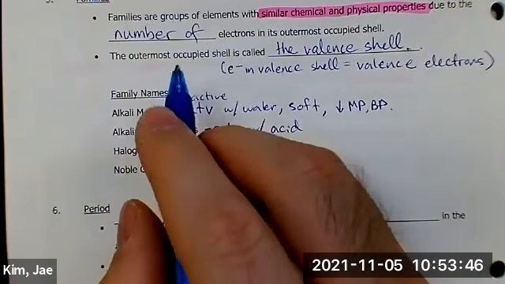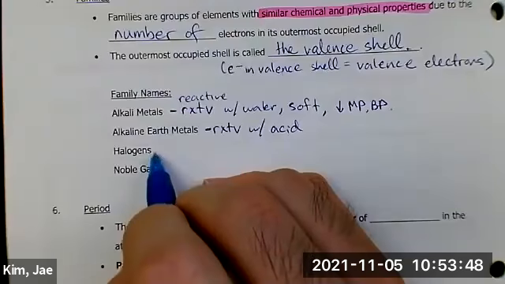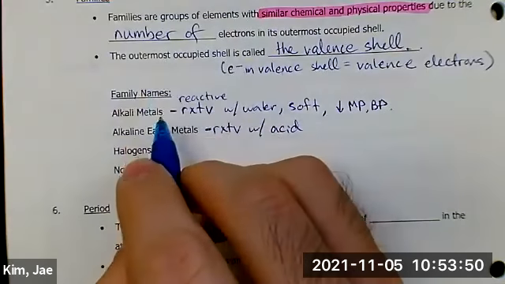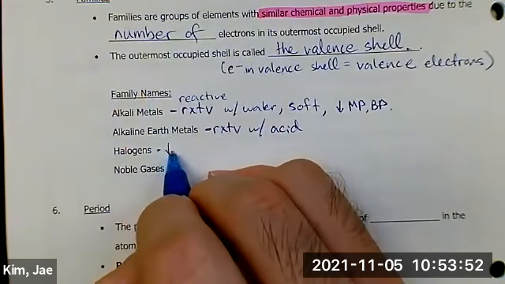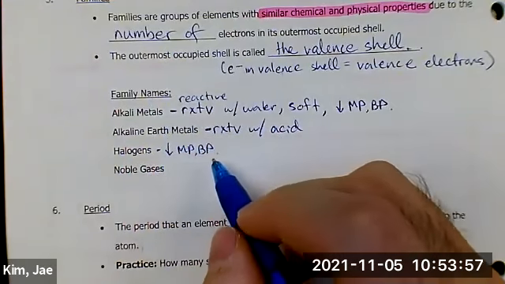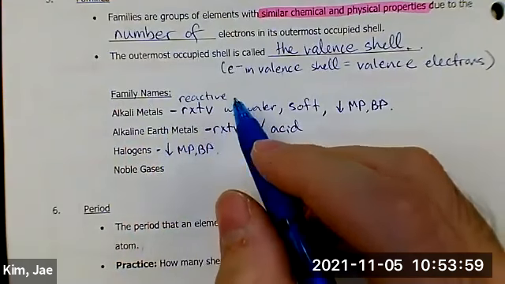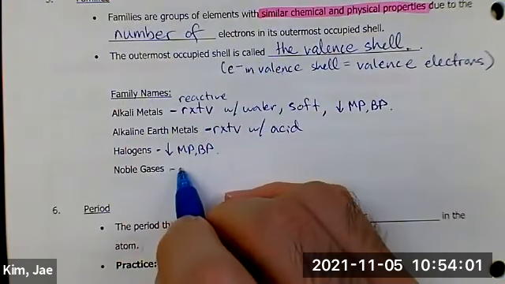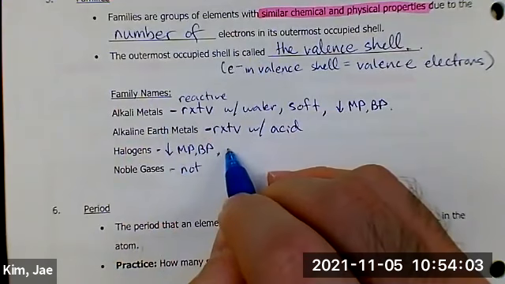Halogens, they're not very good conductors. I'll just say for halogens, maybe just low melting point and boiling point, because they're gases usually. Noble gases is where I will say they're not very reactive.